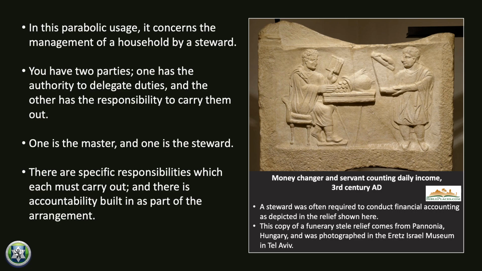You have 2 parties. One has the authority to delegate duties, and the other has the responsibility to carry them out. One is the master, and one is the steward. Furthermore, there are specific responsibilities which each must carry out, and there is accountability built in as a part of the arrangement.